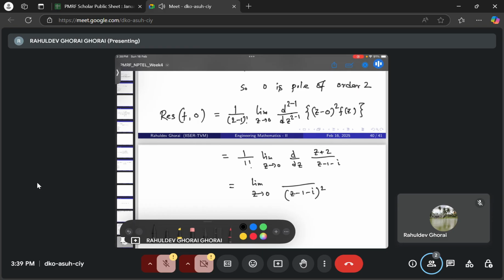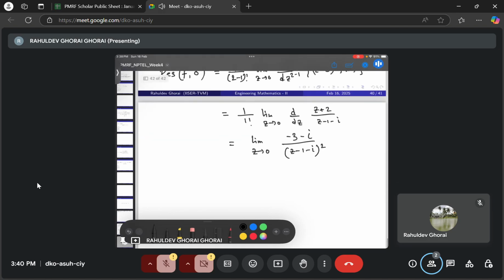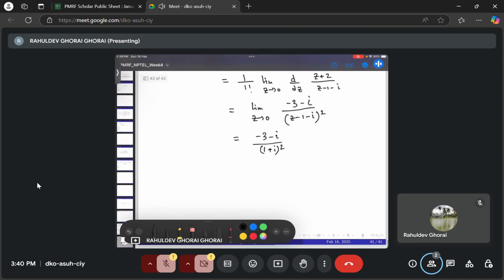You can easily see this is not a singularity. So minus 3 minus i over (1 plus i) whole square, that is the residue. That implies minus 3 minus i over 2i.